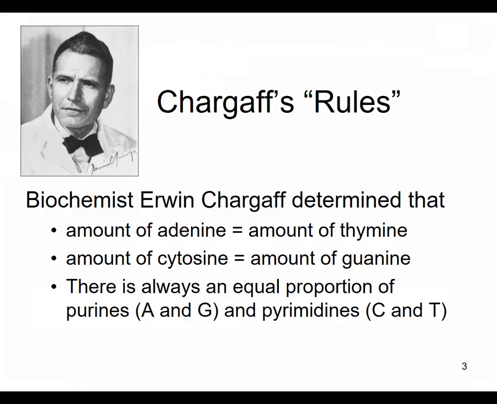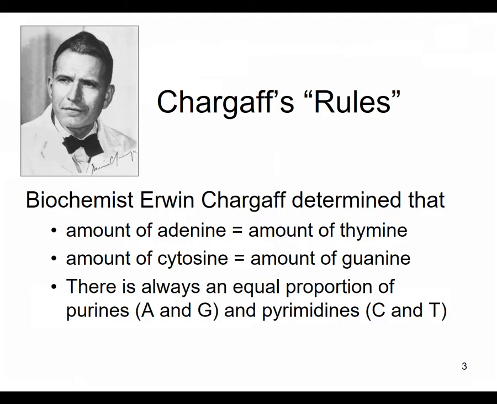In about 1950, late 40s, a biochemist named Erwin Chargaff chemically studied double-stranded DNA from different sources and was able to figure out that no matter what the source of the DNA was, the amount of nucleotides containing adenine was always approximately equal to the amount of nucleotides containing thymine.